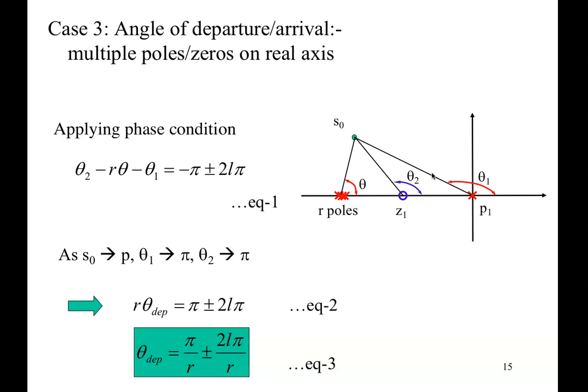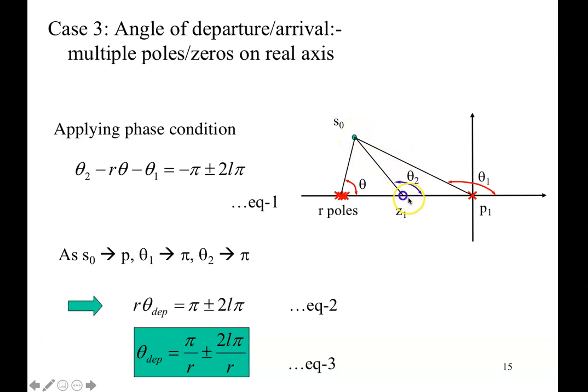Now for the phase condition, which says all angles added together must equal minus pi, the angles between this point and open loop zeros will be positive, and the angles between this point and all the open loop poles will be negative. So that's really the phase condition we have.